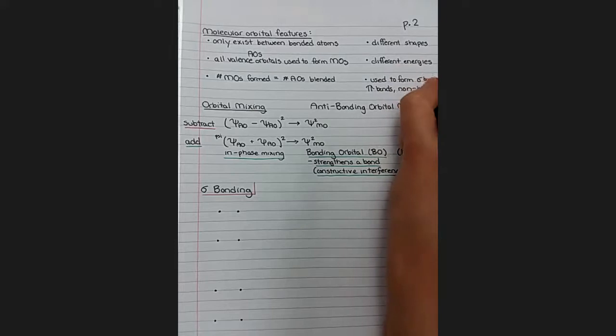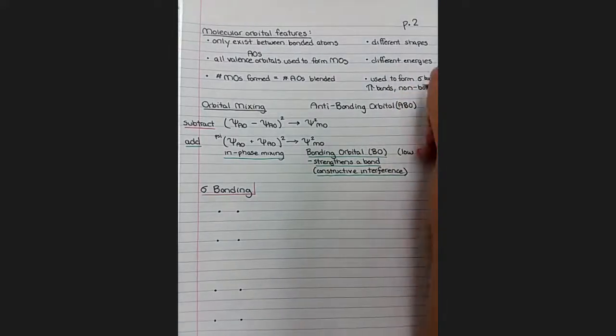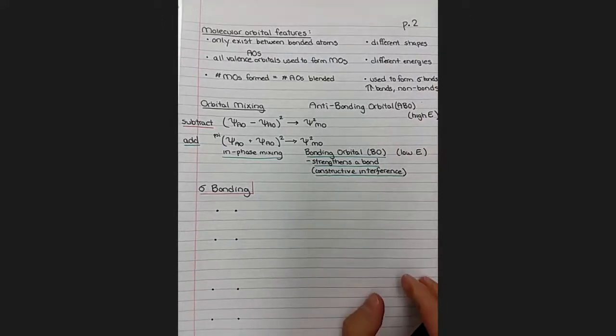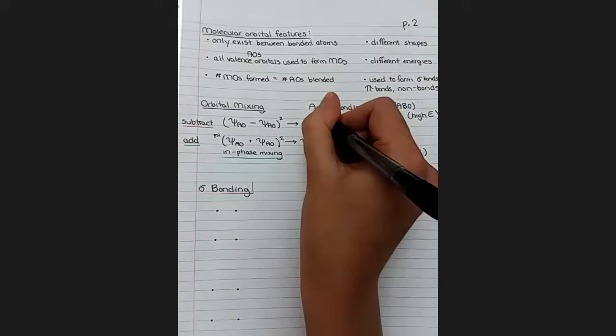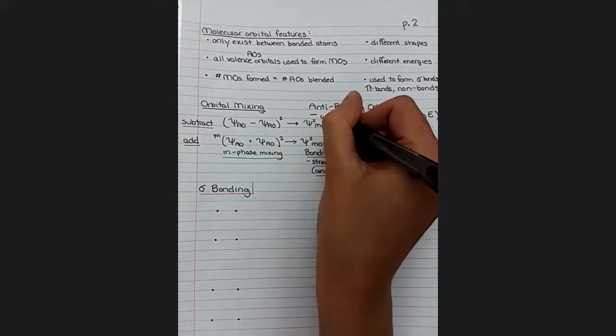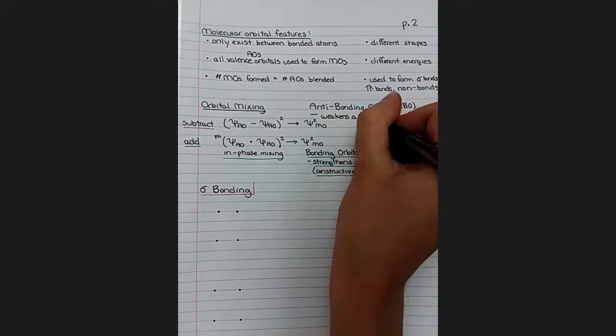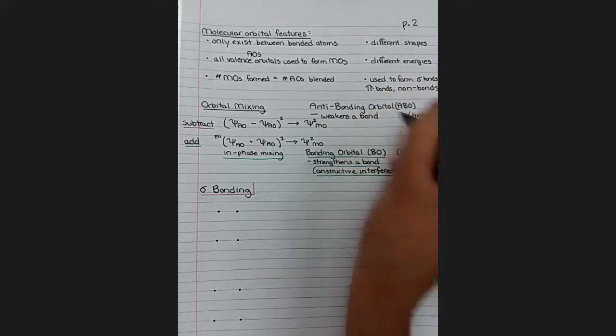We're going to abbreviate that as ABO. So our anti-bonding orbital is going to be the higher energy one of the pair. Because remember that things that are high energy are less stable, and anti-bonding weakens a bond. So every time you add an electron to an anti-bonding orbital, it makes the bond weaker.